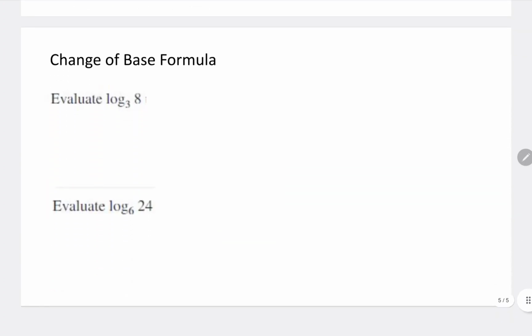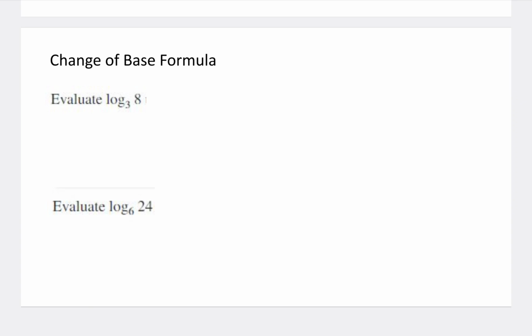The last thing we're going to talk about is the change of base formula. This is the last property we're going to cover. So we talked about how you cannot just type log base 3 of 8 into your calculator because there is no log base 3 on your calculator.